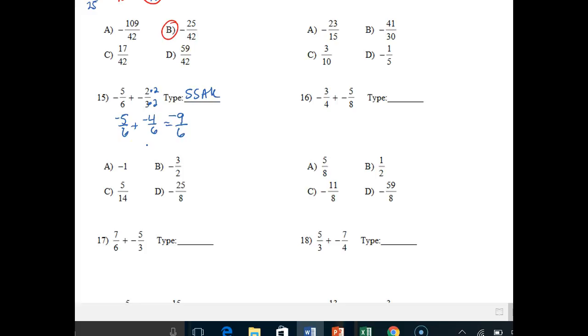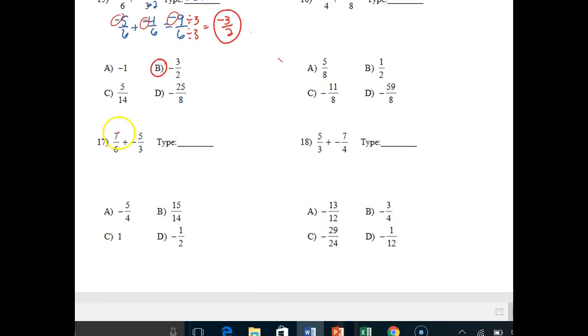You should have your reference sheet right out next to you if you forget them. -9/6, that's an improper fraction. So how many times does 6 go into 9? It goes in there 1 time. Oh, I'm sorry, they're not making you write them down as mixed numbers. They're just saying reduce this. So let's reduce this. Divide by 3. I get negative 3 over 2. So B. Very important to remember your negative signs. You keep your negative sign here because you had nothing but same signs.